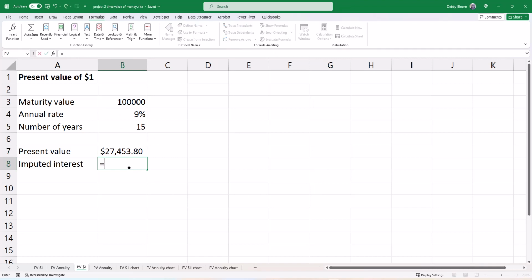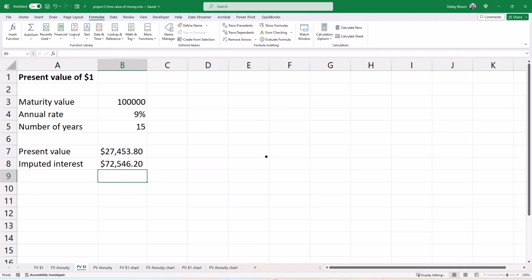So my imputed interest is my maturity value minus my present value. If I deposit $27,000 and get back $100,000, my interest is going to be about $73,000. So $72,546.20.